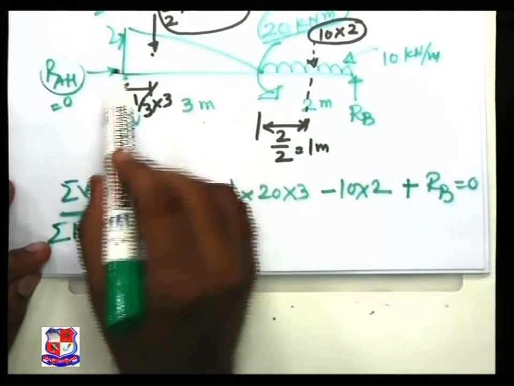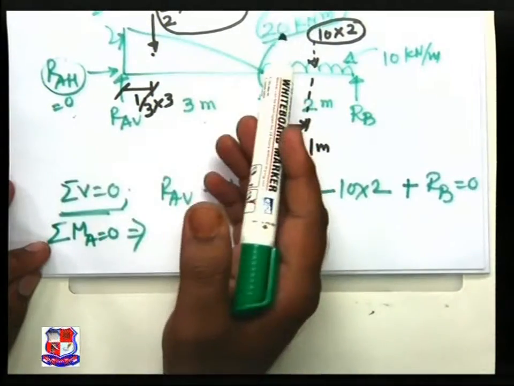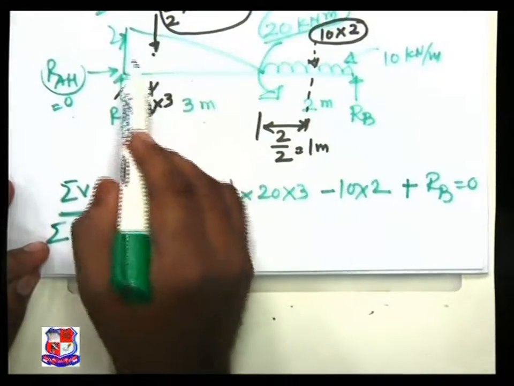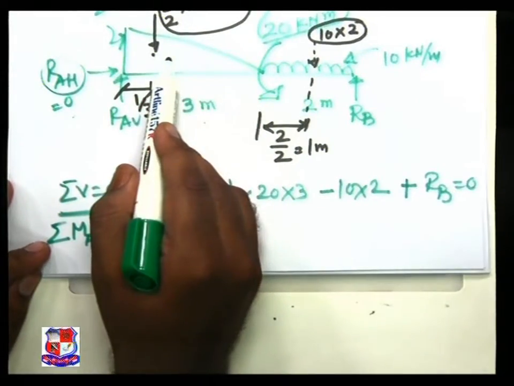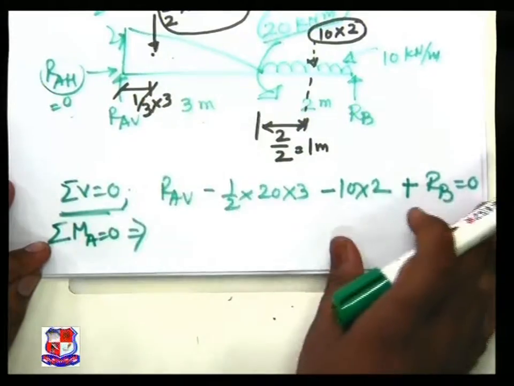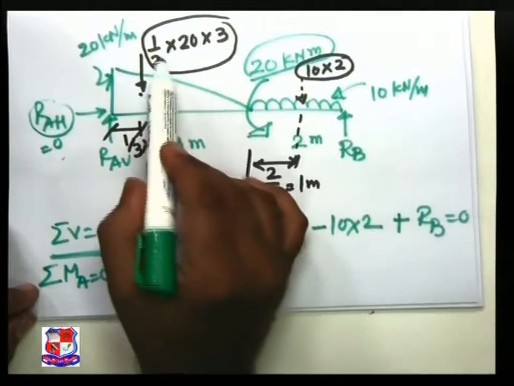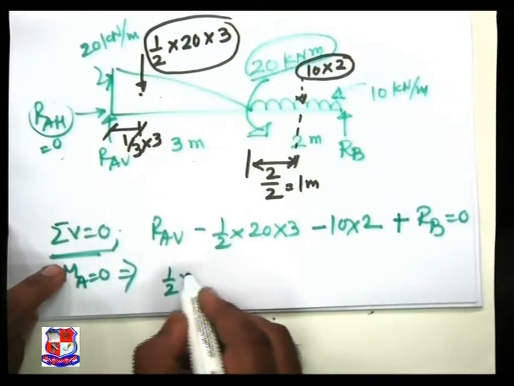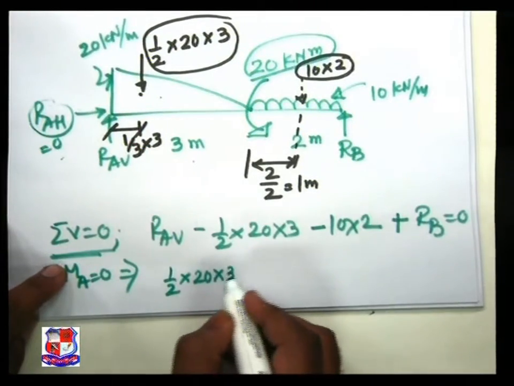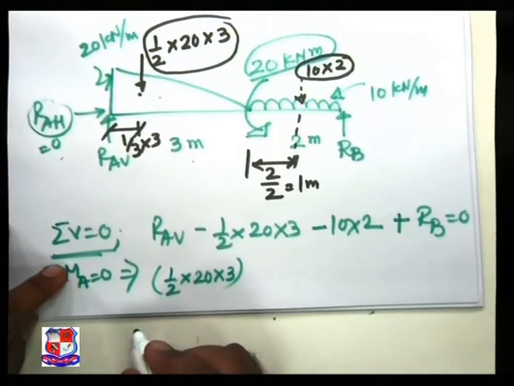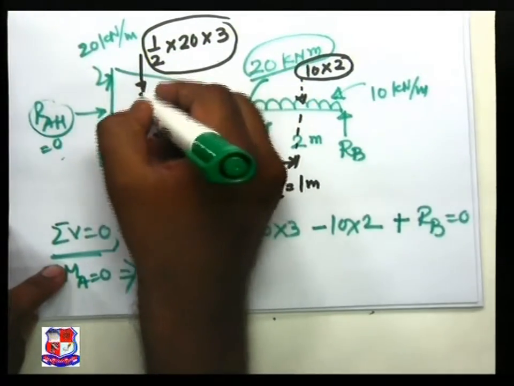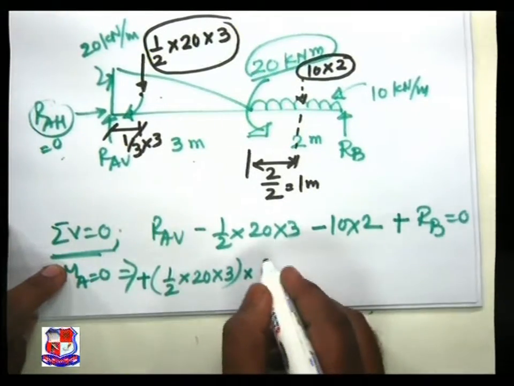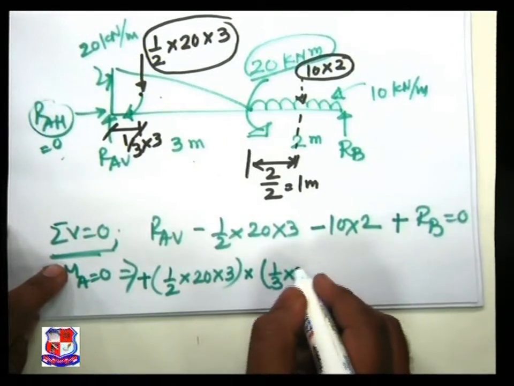RAV into 0 is 0, RAH itself is 0, so there is no moment here. The first load is a triangular load, and half into 20 into 3 is the equivalent point load. So first is half into 20 into 3, which creates a clockwise moment, so plus sign, into perpendicular distance one-third into 3.